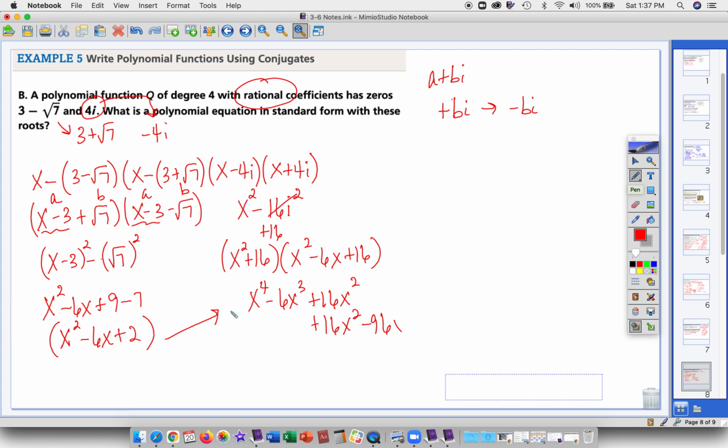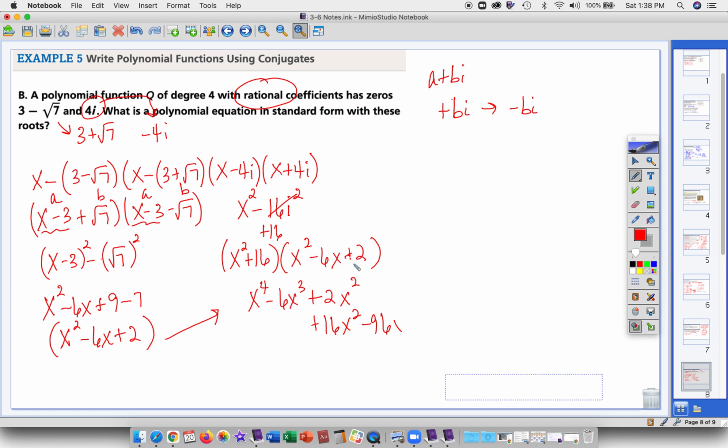Okay, so let's go back and make this a 2. So that makes this a 2. When I distributed the x squared, let me just check.